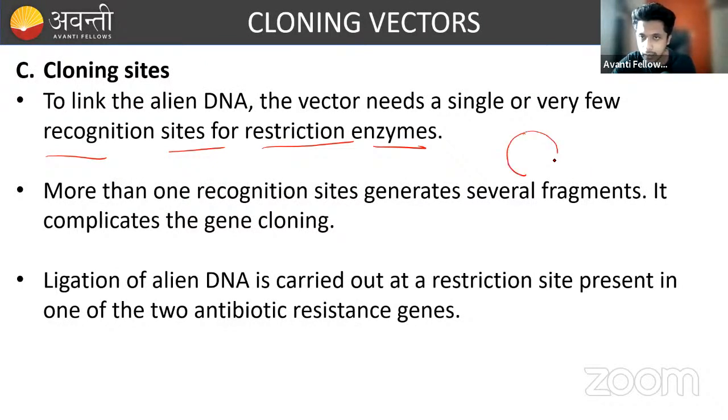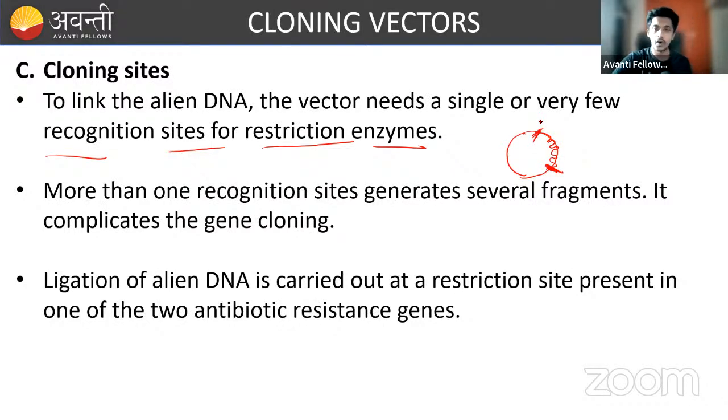So based on the choice of restriction enzyme that we make, for example, if I take a plasmid DNA again, imagine that here is my selectable marker and I will choose a specific restriction enzyme. I will choose a restriction enzyme which can cleave as close as possible to this selectable marker so that this site is empty for my cloning. That means I can put my gene of interest at this location, correct?